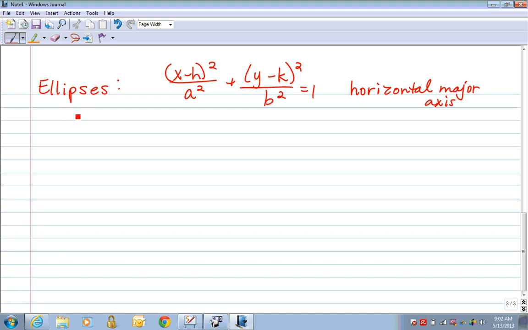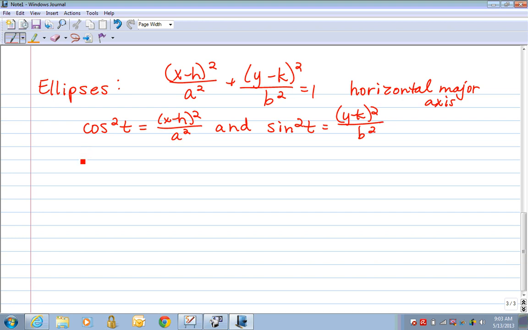So the Pythagorean identity, cosine squared t plus sine squared t equals 1, then I see that the cosine squared t would represent the first fraction, which is x minus h squared over a squared, and the sine squared t would represent the second fraction in this equation, y minus k squared over b squared.